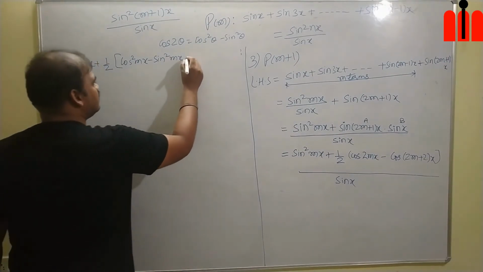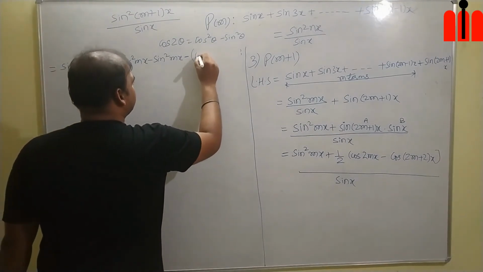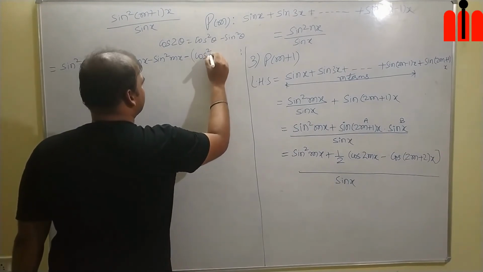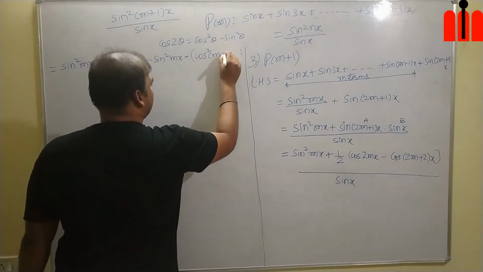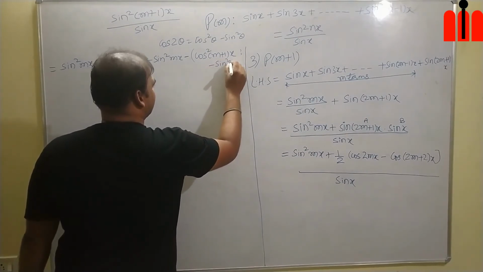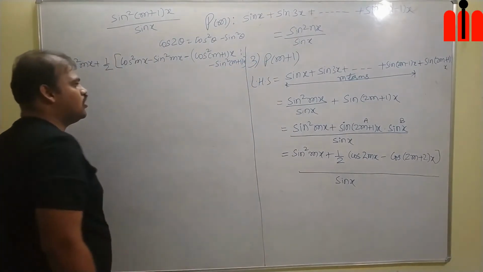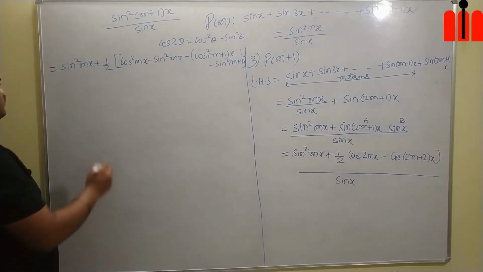So I will do that multiplication of minus later. So let me write it out. Cos square m plus 1x minus sin square m plus 1x. Okay, so this is how it will look like.